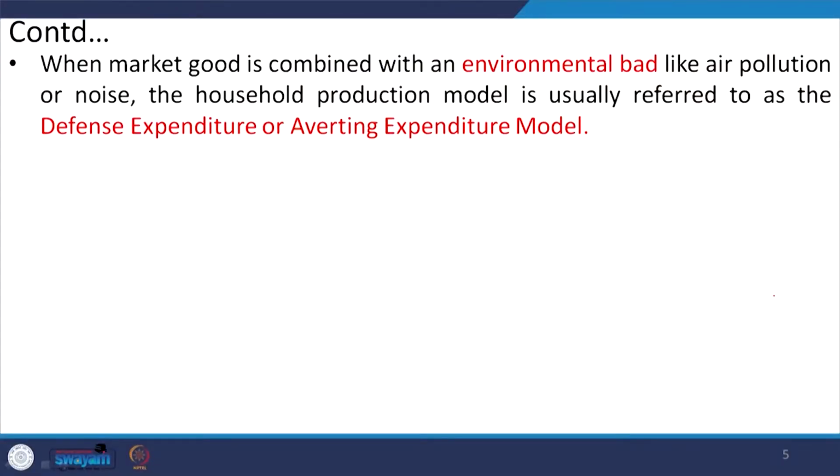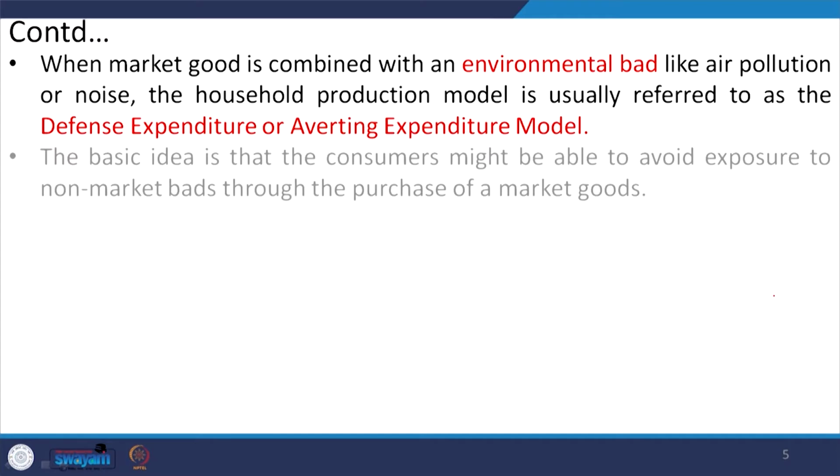And again, when this market good is combined with some environmental bad, because we are more concerned about bads rather than goods, the environmental bad is pollution, air pollution or noise pollution. So, the household production function in this context can be referred to as the defensive expenditure or averting expenditure model.